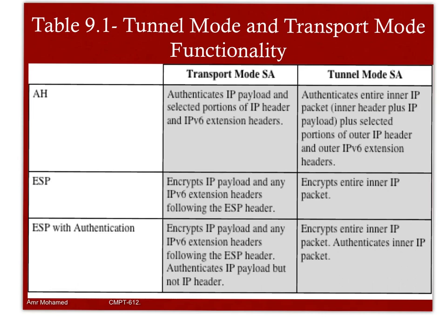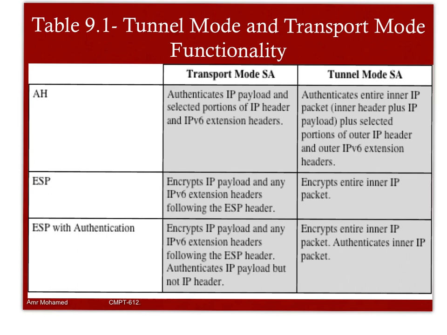So the standard itself allows all types of combinations. I can use ESP for both tunnel and transport. I can use AH for both tunnel and transport. I can use ESP for tunnel and AH for transport, or the other way around. So that table summarizes this.